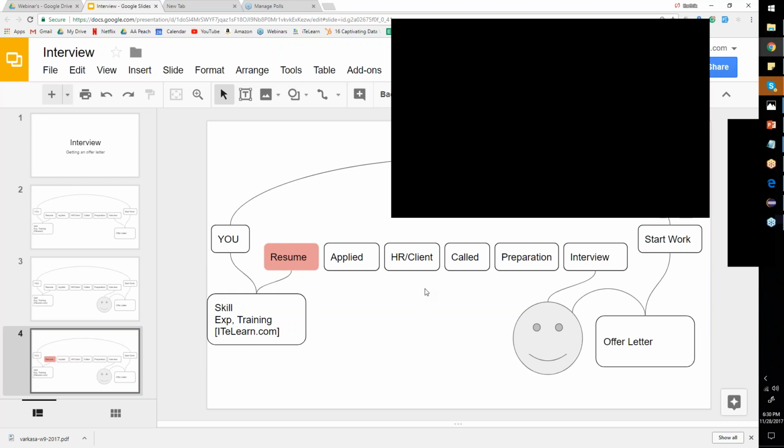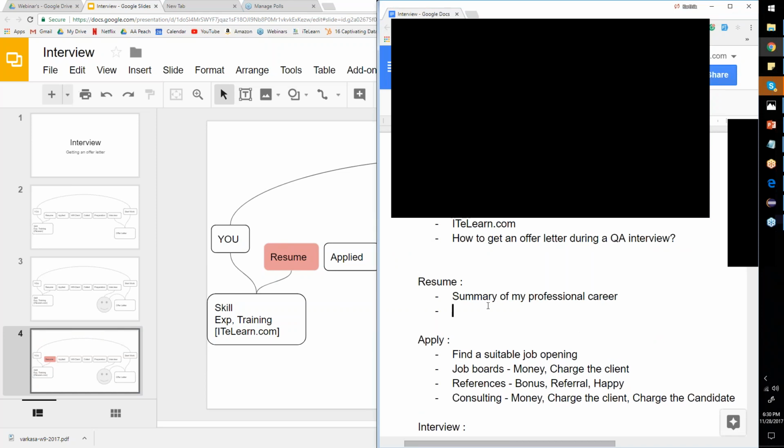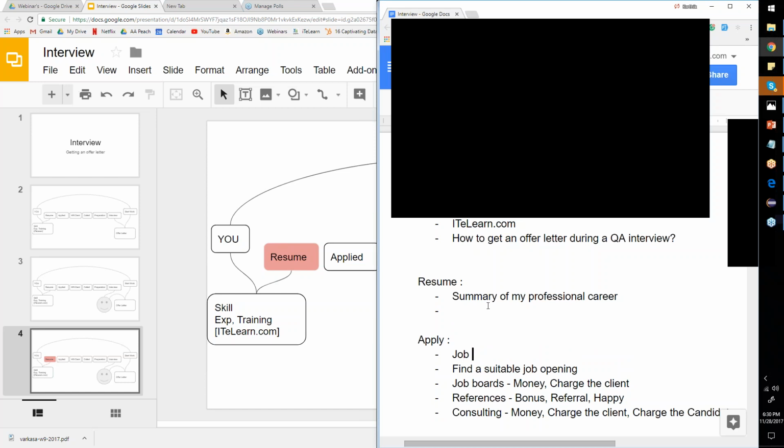What is it called? What do we look for before we apply? Requirement. There's a word for it. Job description. What we also call as JD.